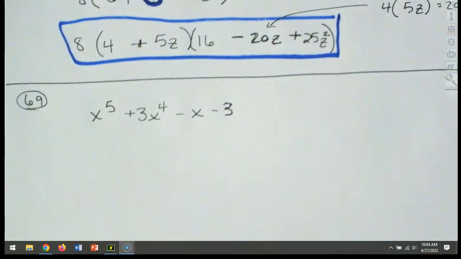Okay, well, how many terms do I have? 4. Okay, if I have 4 terms, then automatically I know that I'm going to have to factor by grouping. Now, it might be grouping 3 things together. It might be grouping 2 things together. But we are going to have to factor by grouping.